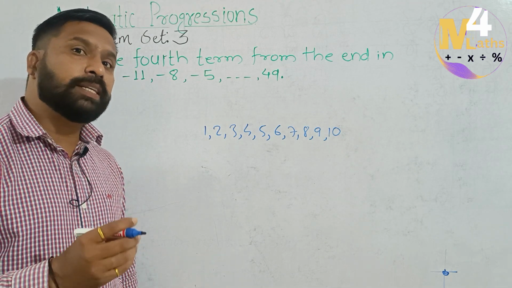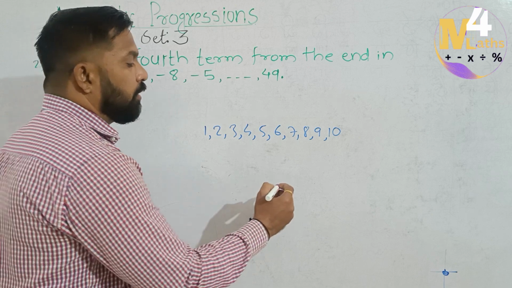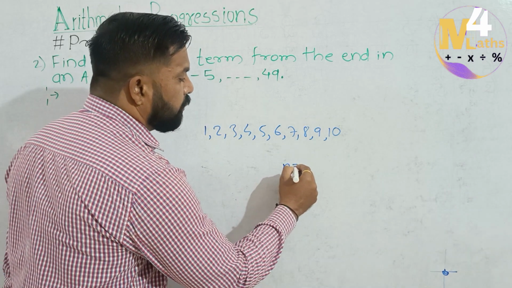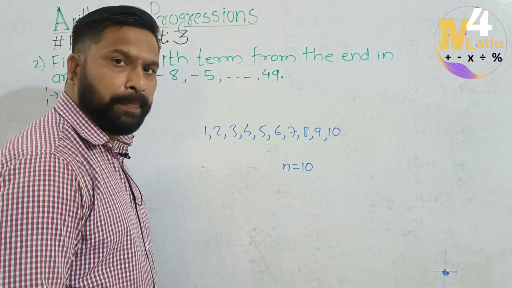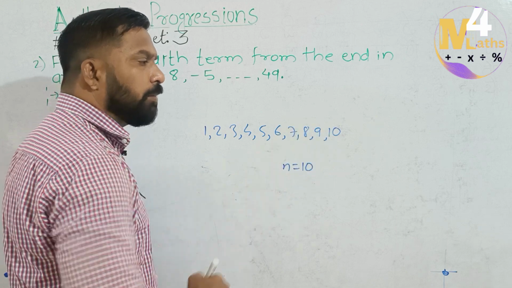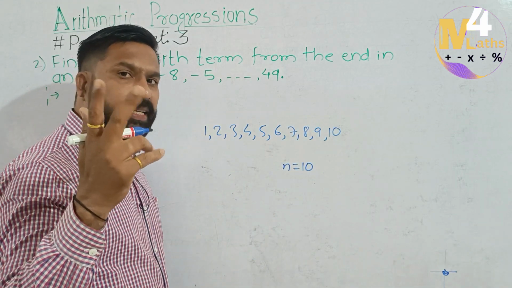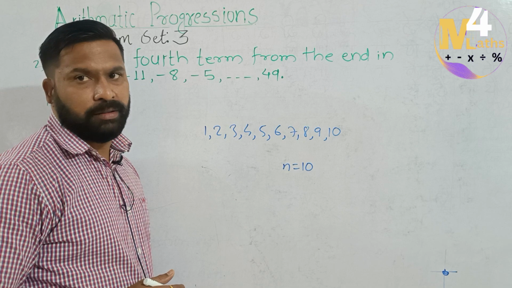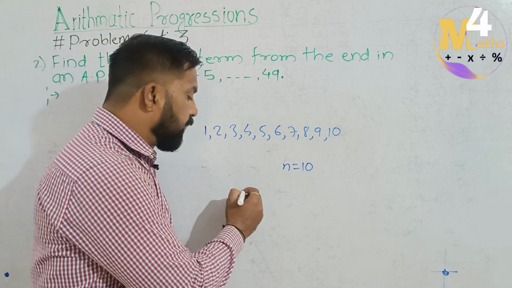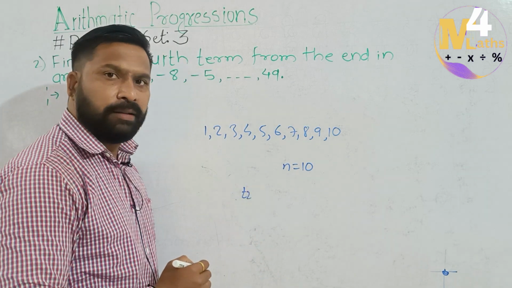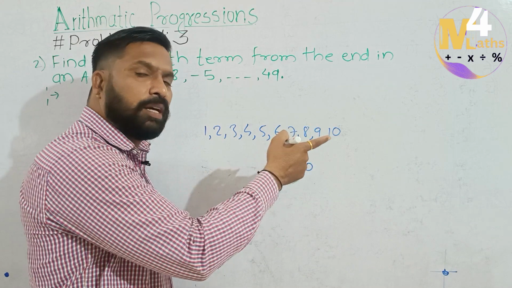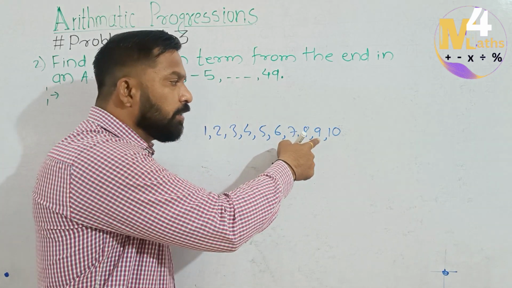Which one is the second term? Here the number of terms is n equal to 10. The 10th term is 10. I am asking which one is the second term from the end. We want to find the second term from the end, and which term is it? It is 9.